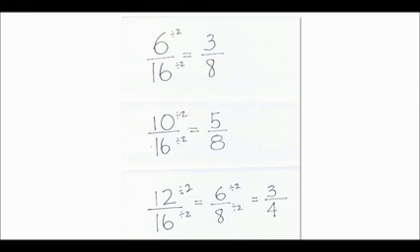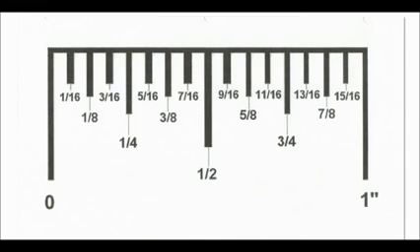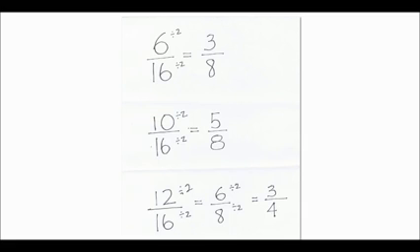And just a quick look at another, if you had 10 over 16. So if you're counting to 10, 1, 2, 3, 4, 5, 6, 7, 8, 9, 10, this is the 10th line. 10 over 16, you want to reduce it. 10 is divisible by 2. 10 reduced by 2 is 5. 16 reduced by 2 is 8.